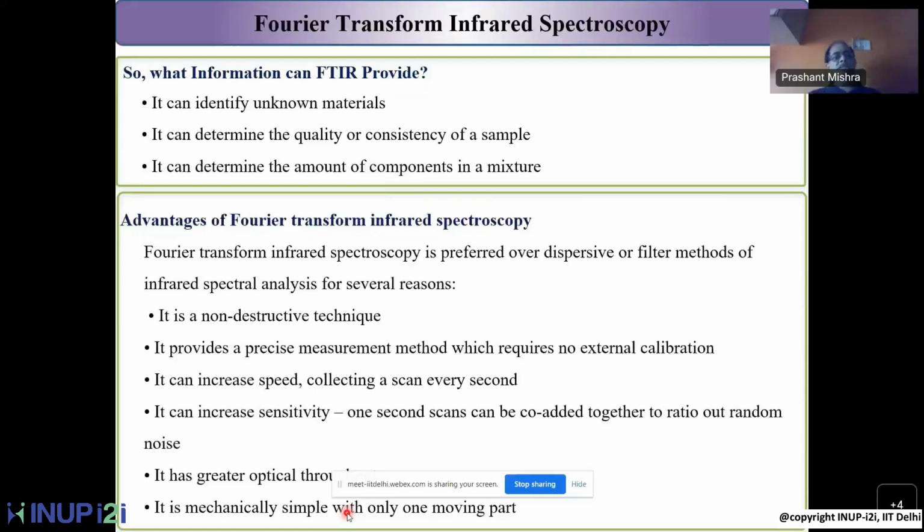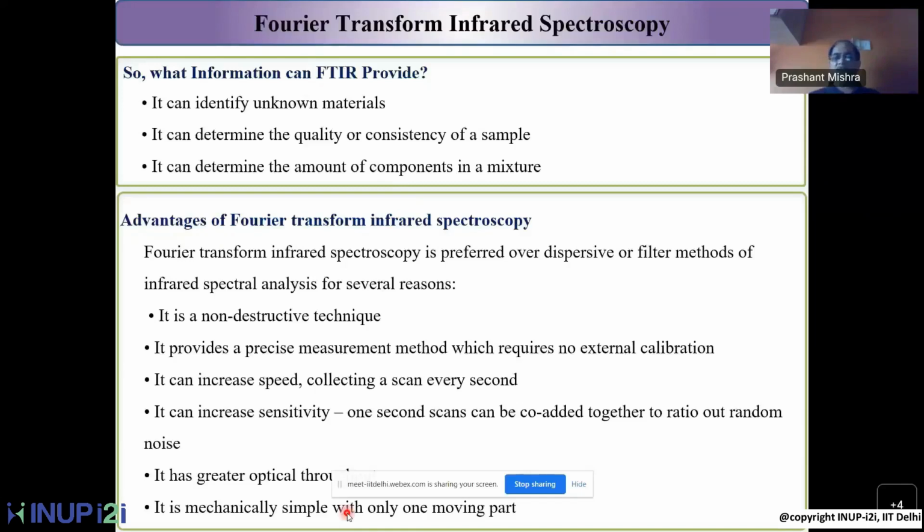Now let us look at the advantages of FTIR. Fourier transform infrared spectroscopy, or FTIR, is preferred over dispersive or filter methods of infrared spectral analysis for several reasons. Number one, it is a non-destructive technique. It provides a precise measurement method which requires no external calibration, which is very important.